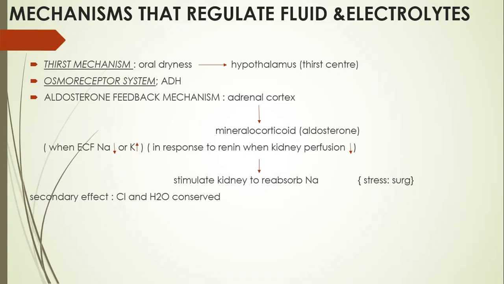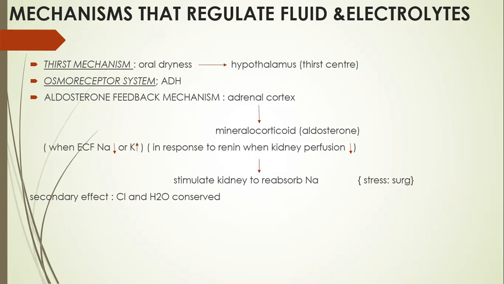So when the circulation to the kidney is decreased, the renin will be activated. There are two types of renin: renin, which is produced by the kidney, a hormone which controls BP as well as electrolytes, and rennin, which is produced by the intestine, a local hormone which helps in digestion.